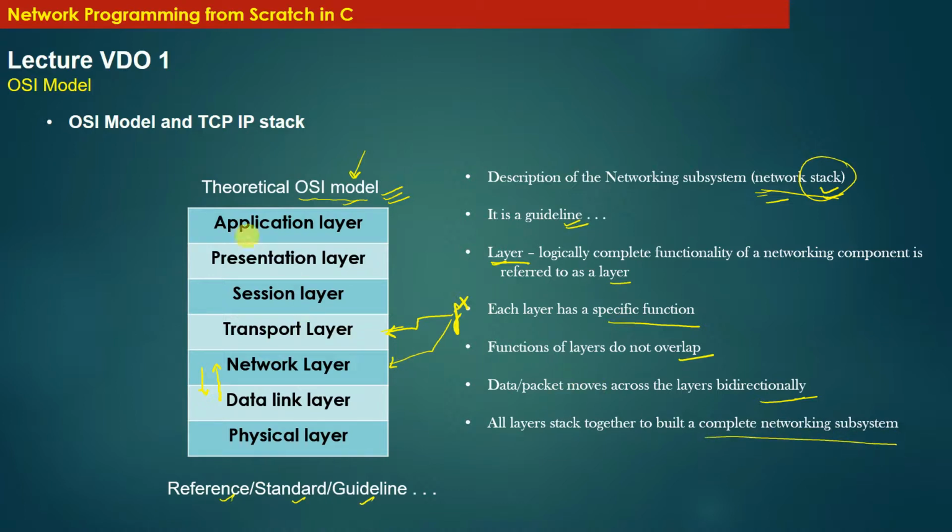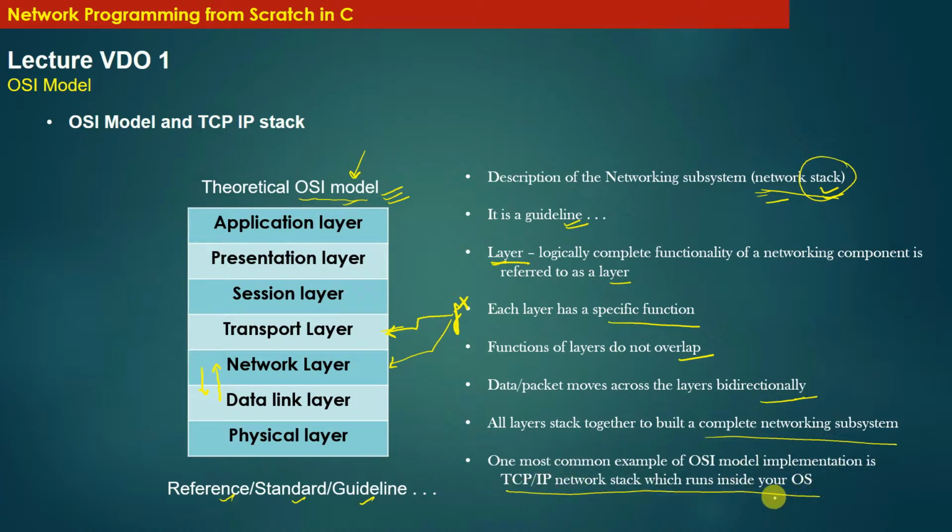Remember, all these layers work together to build a complete networking subsystem. One most common example of an OSI model implementation is the TCP/IP network stack, which runs inside your operating system. You already know that you must have some IP address. The IP address is of the format A.B.C.D. If your IP address is of this type, it means the OSI model running inside your operating system is called the TCP/IP network stack.